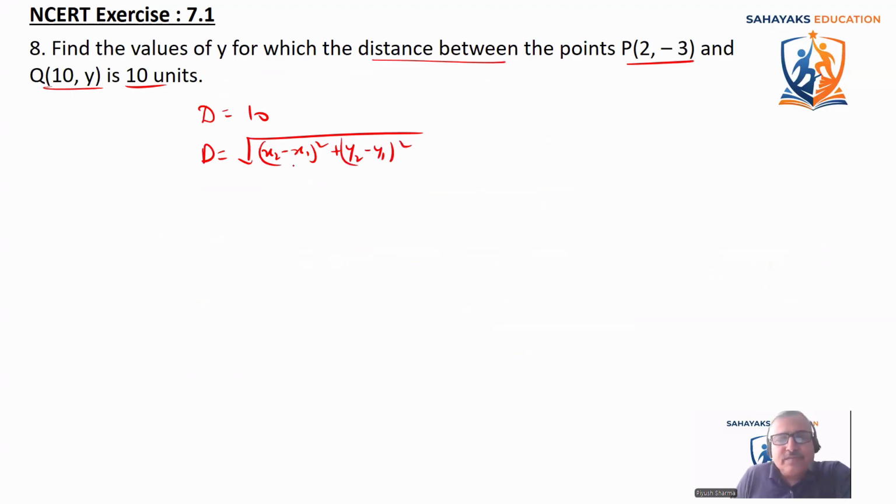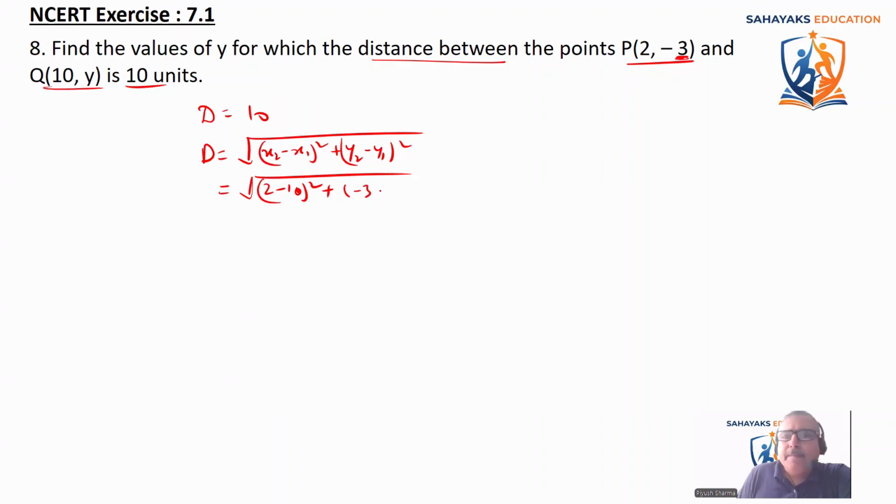By now you must be remembering this formula by heart. So let's find it. The distance between P and Q is square root of (2 minus 10) whole square, it stays 2 minus 10 whole square, plus (minus 3 minus y).